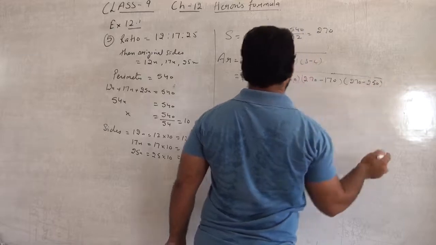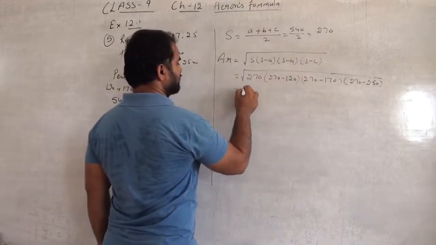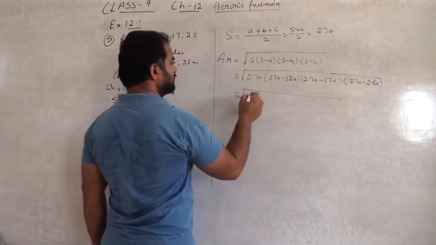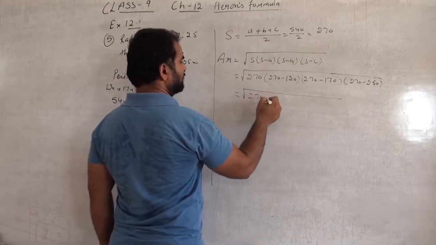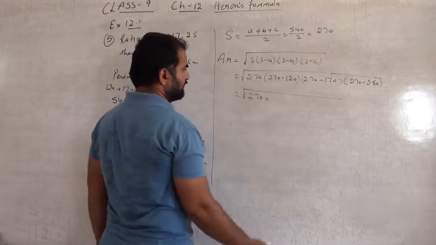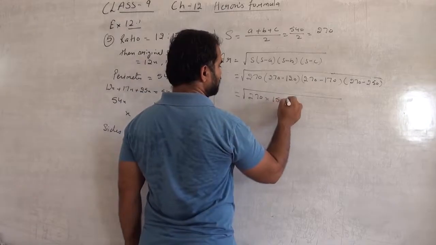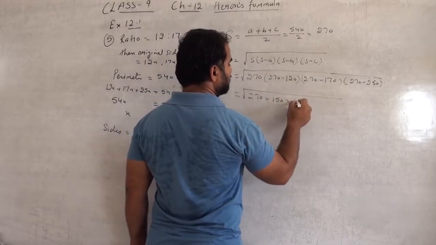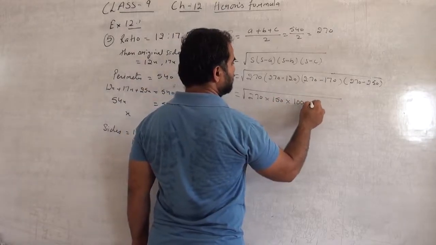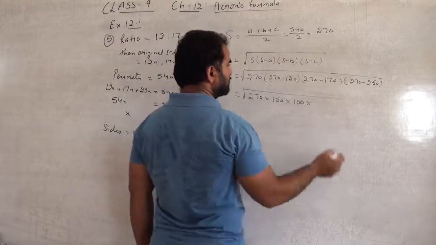Okay. So next is root 270 multiplied by 270 minus 120, which is 150, multiplied by 270 minus 170, which is 100, and 270 minus 250, which is 20.